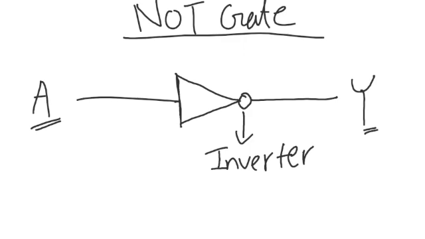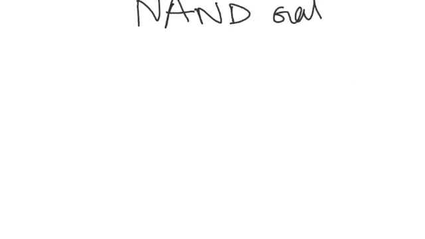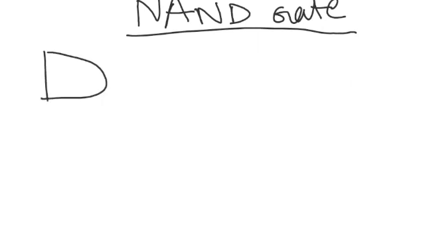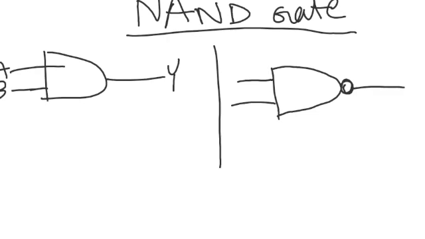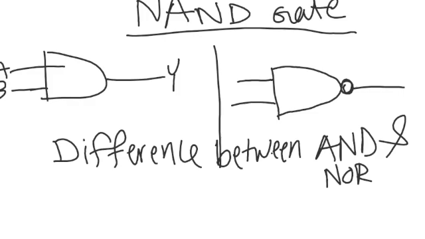Let's go to the next, which is the NAND gate. As I have shown, the AND gate looks like this. And now I'm gonna draw the NAND gate. There's only one small change: there's gonna be an inverter, the bubble. This is the difference between the AND gate and the NAND gate.